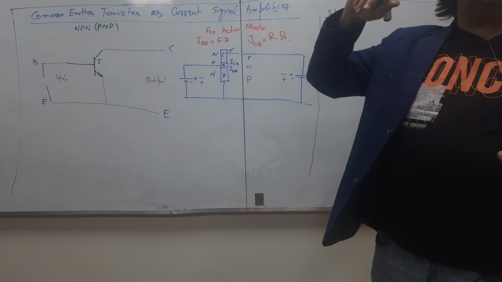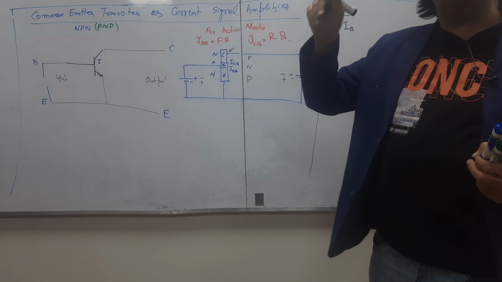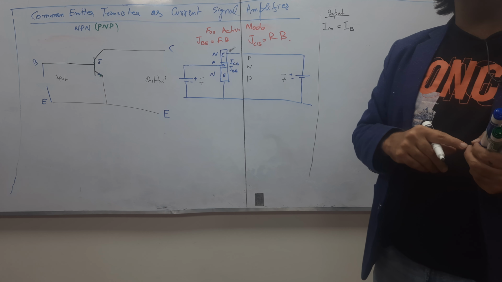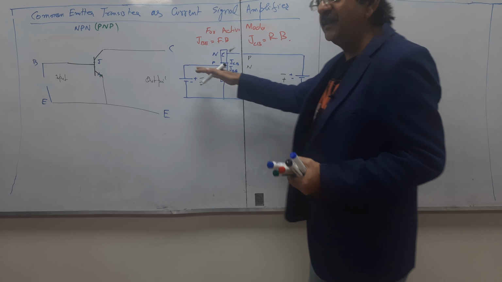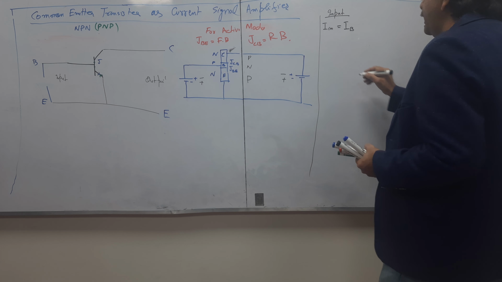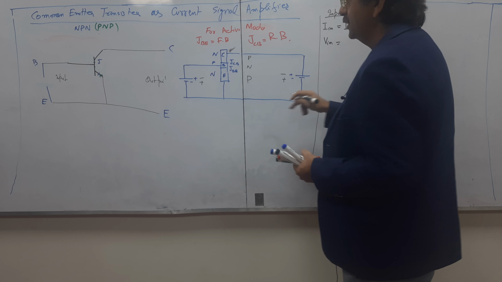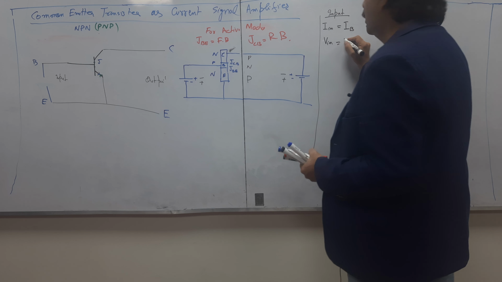In the last lecture the input current was IE, the emitter current, but for this circuit the input current will be IB, the base current, because the base will be decided. And what will be the input voltage? This is base emitter.